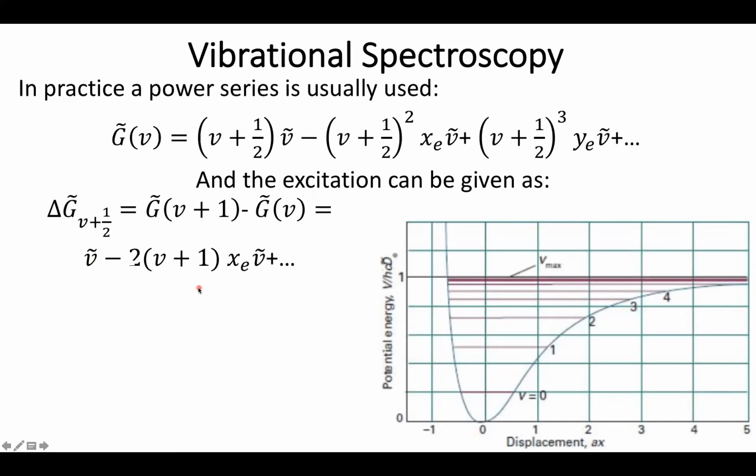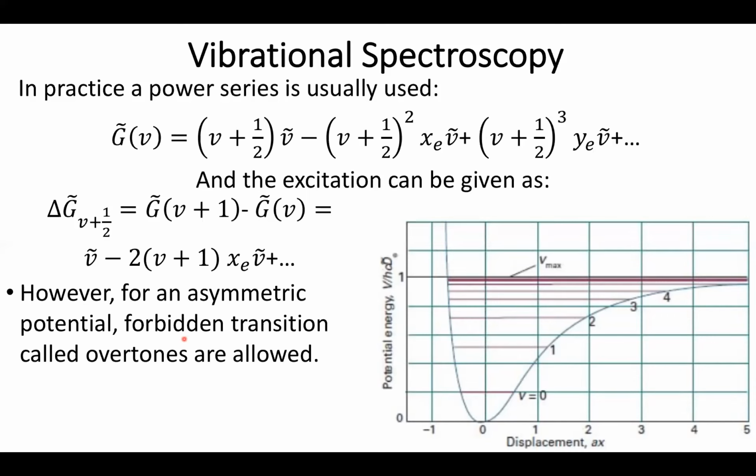However, one of the other things you should watch out for is that when we try and apply our selection rules for the harmonic oscillator, the only excitations that are allowed are from V to V plus 1. It turns out that once you account for the asymmetry provided by the Morse potential, a lot of these forbidden transitions tend to be allowed.